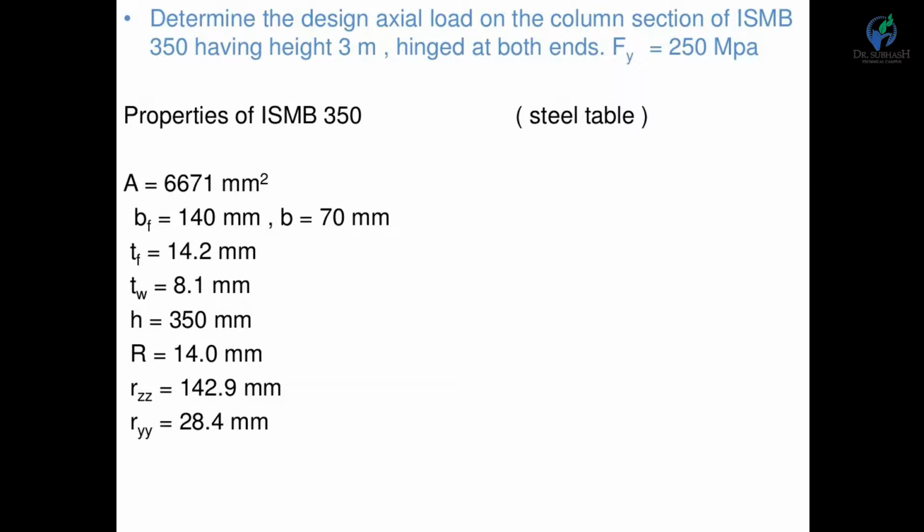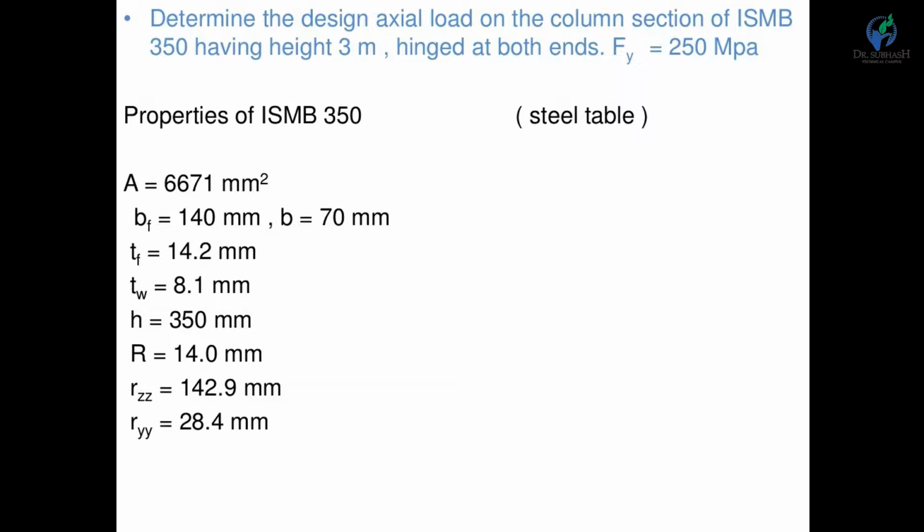So here we first start with the analysis of compression. The column section is given as ISMB 350. ISMB means Indian Standard Medium Beam. So you go through the steel table for ISMB 350 and note down a few values. First is the area of section.